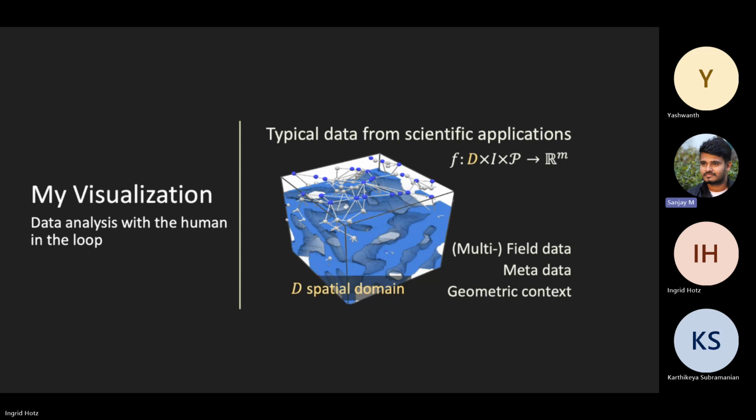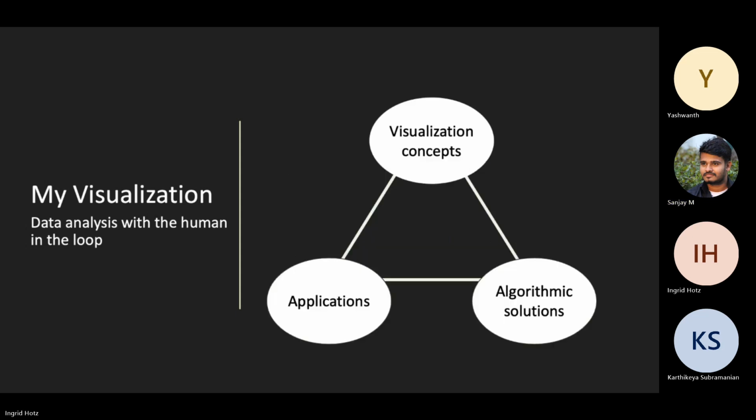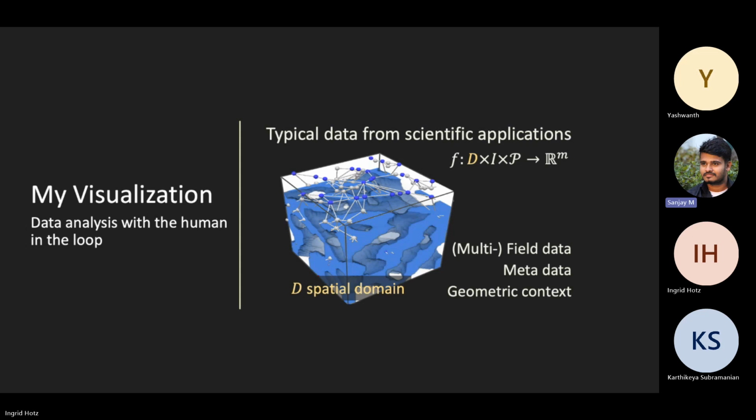In many cases, these are time-dependent data sets, also in series, and we have additional parameters describing the data set. They typically also have some geometric information provided. This could, for example, be the rotating propellers that we have here, where we have the geometry, and for sure some metadata. I stands here for an interval representing the time, and P can be any parameter space that we think about.